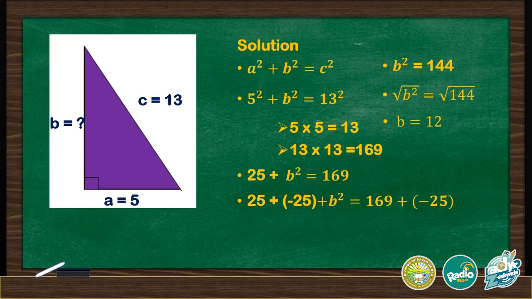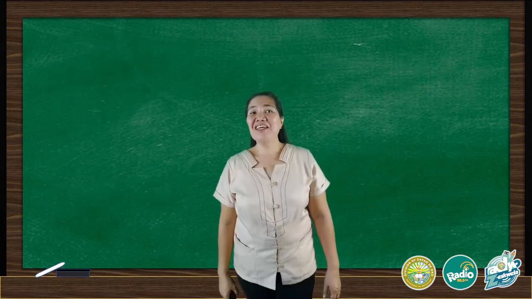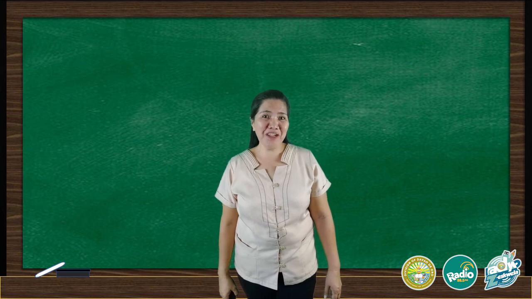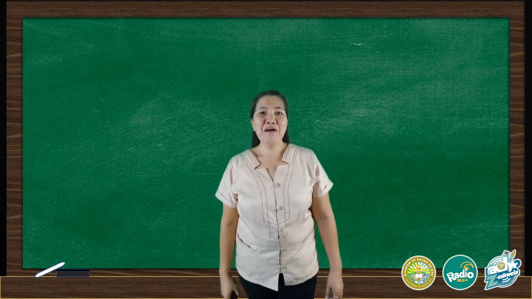Therefore, the measurement of the side B, or the measurement of how high the ladder reaches, is 12. Did you get the same answer? Very good.